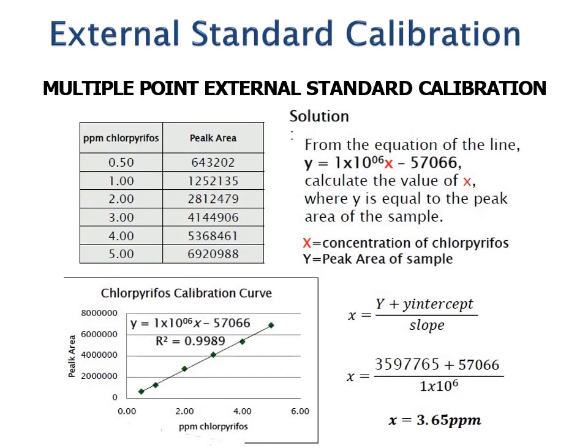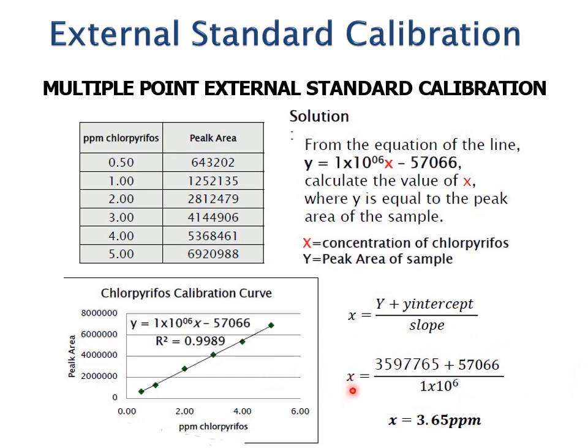So, here, ito yung solution from the equation of the line. Y is equals to M X plus B. So, ito yung B mo. Calculate the value of X kasi yun yung concentration mo, where Y is equal to the peak area of sample. Okay? So, X is equal to the Y plus Y-intercept over the slope.